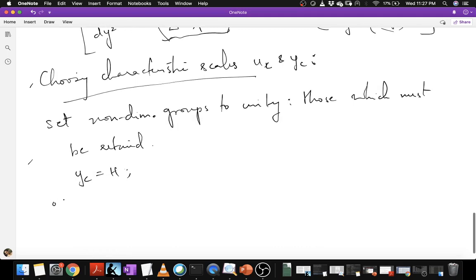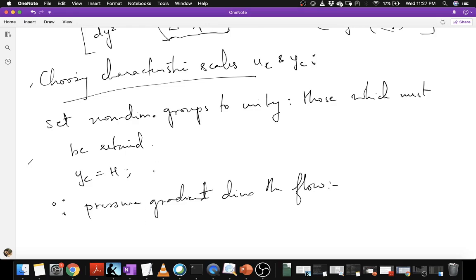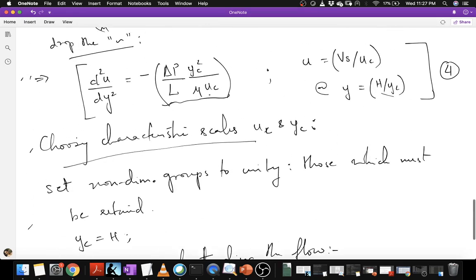So I'm going to say, because the pressure gradient drives the flow, I'm going to set this term to 1.